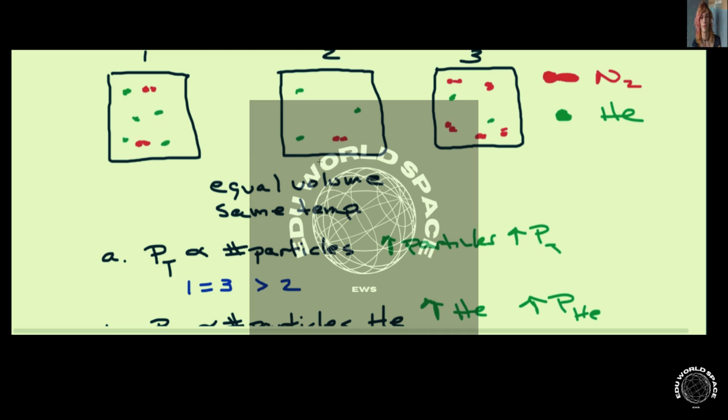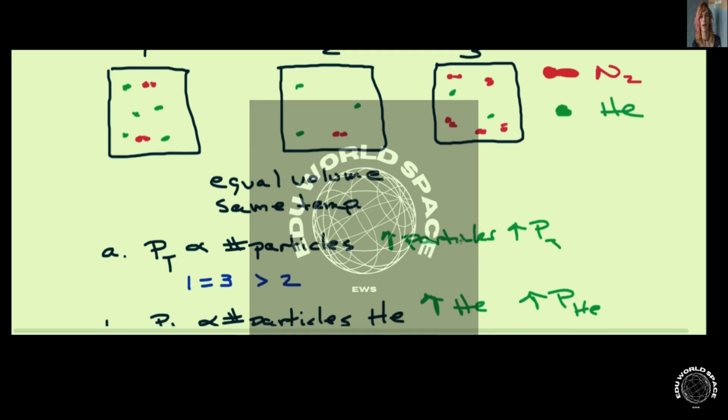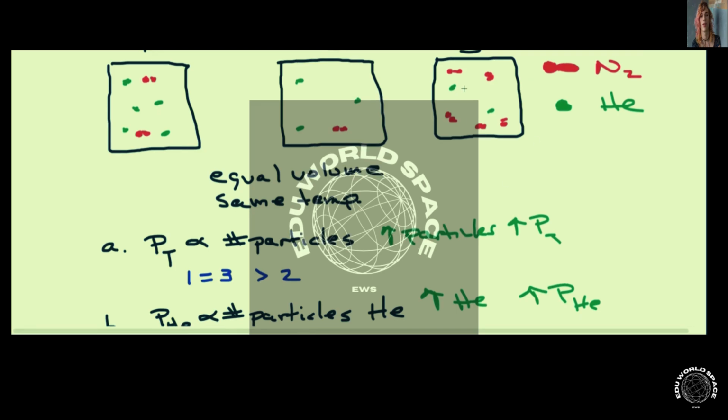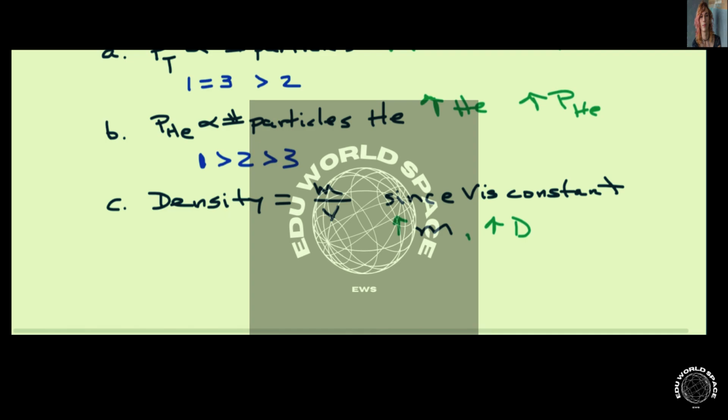That's going to be the second one. And then this one with the fewest nitrogen and the fewest number of particles overall will have the lowest mass. So 3 is going to have the highest density, 1 the next, 2 the least. 3 is greater than 1, which is greater than 2.